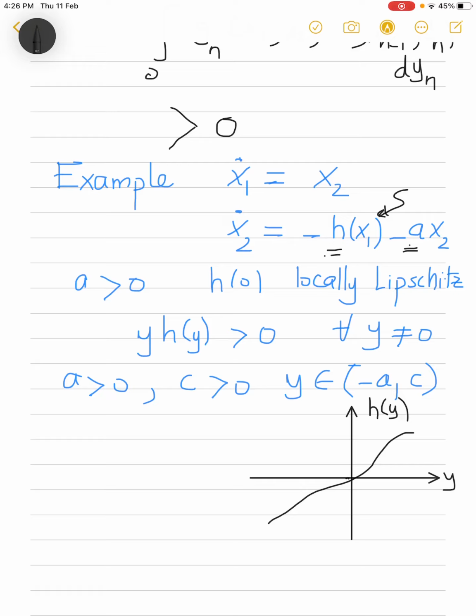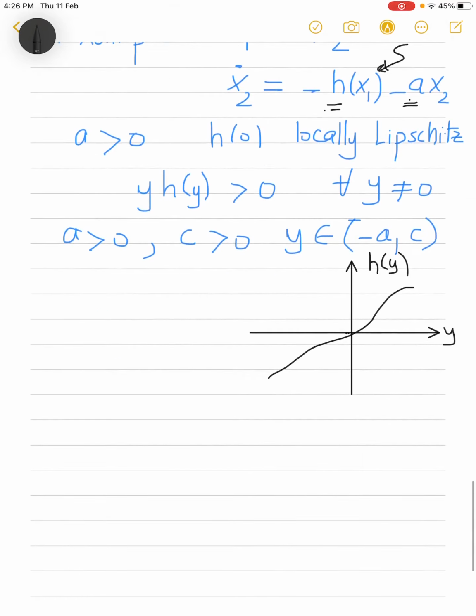where a and c are positive constants. So now, in order to start applying the gradient approach, we are going to assume that the gradient of v is composed of, in our case, two nonlinear functions, g1 of x and g2 of x.